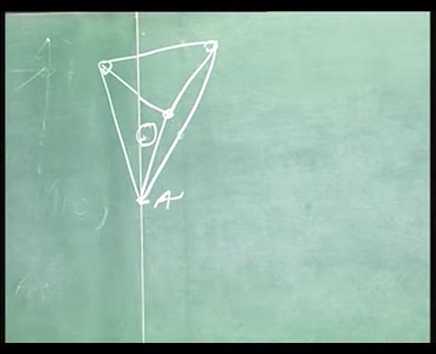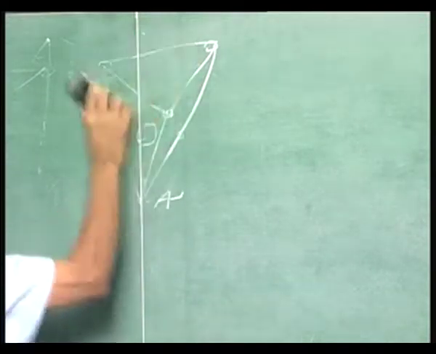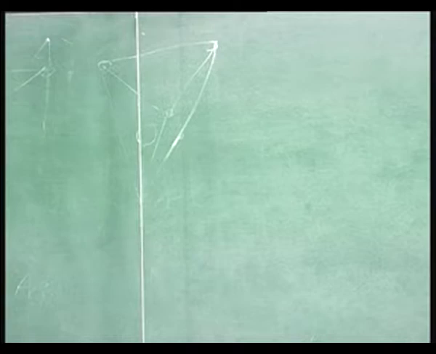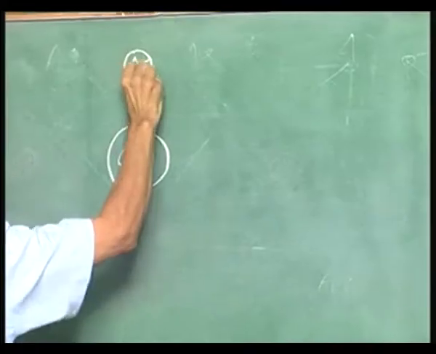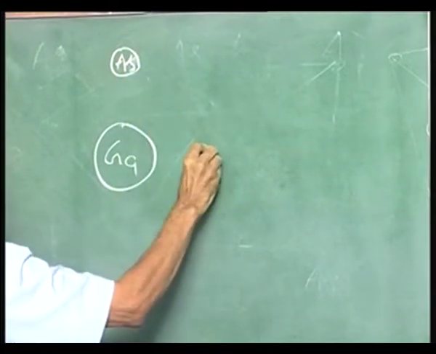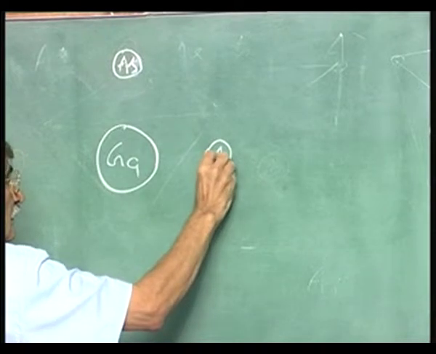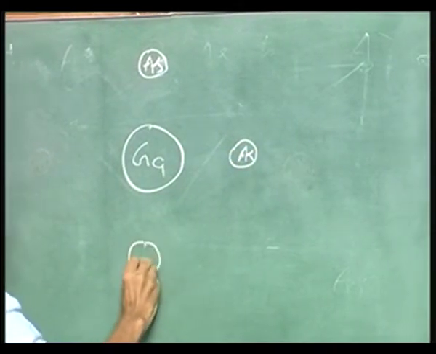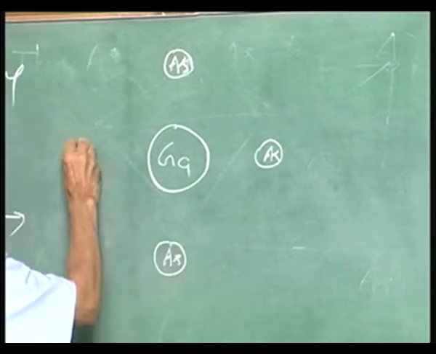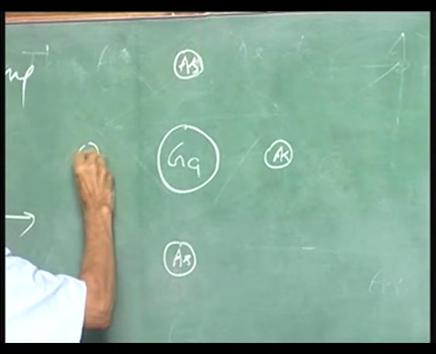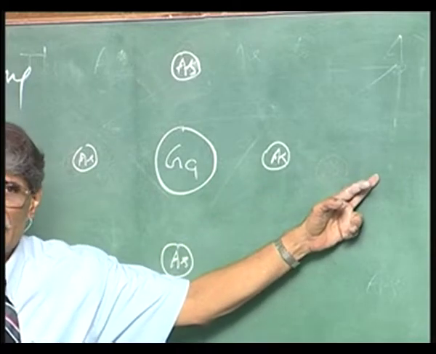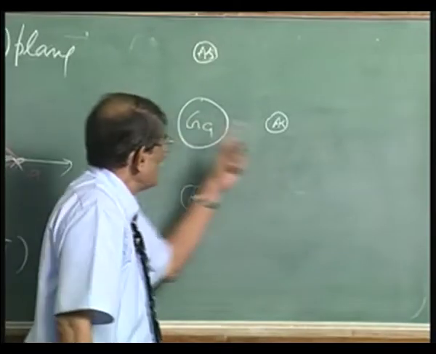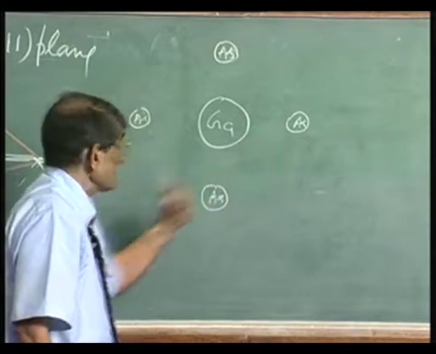In a 2-dimensional picture, we can draw it like this. Let me draw it a bit closer so that I can cover more atoms. Let me draw arsenic, arsenic, arsenic. So, move down now. On this side, what will you have? Gallium. Gallium is surrounded with 4 arsenic atoms in this picture.